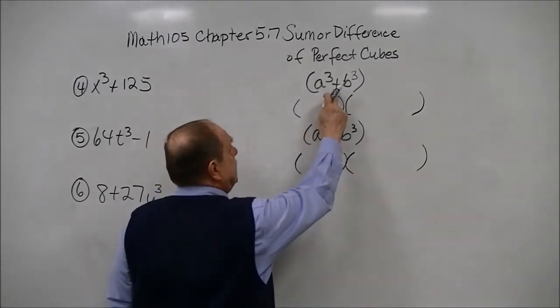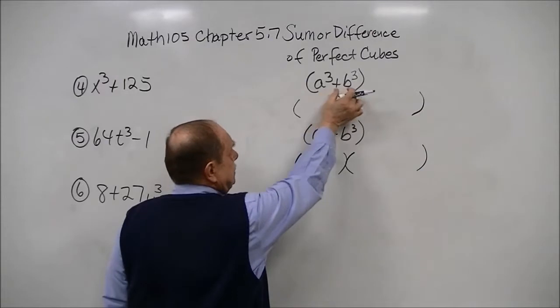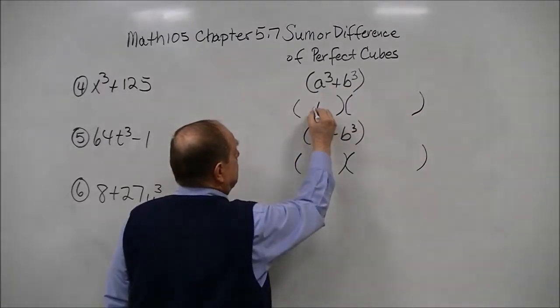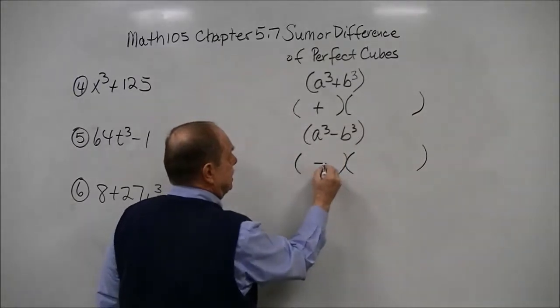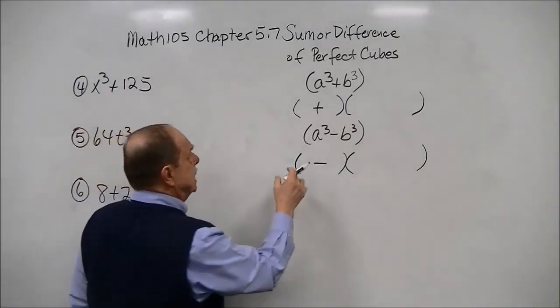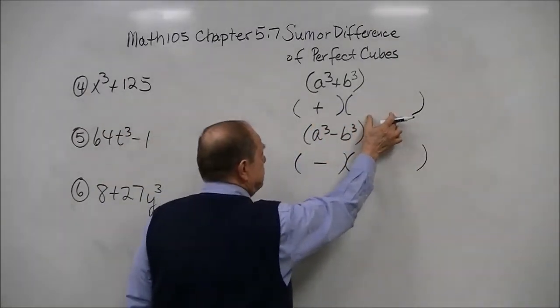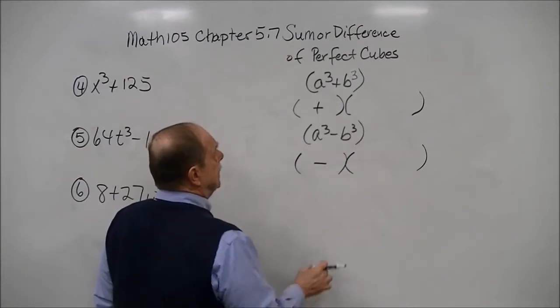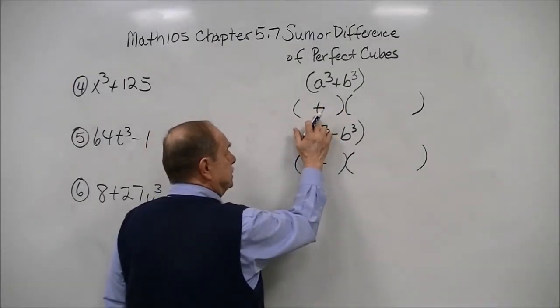Next step is whatever sign is there, separating your two terms, that goes here. So this one goes there. So once again, a parenthesis for two terms, parenthesis for three terms, and whatever sign is there goes in your two terms.